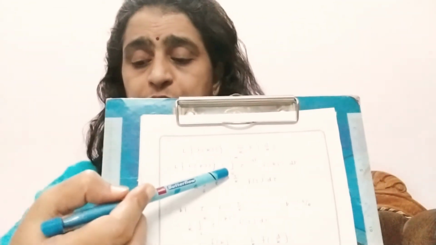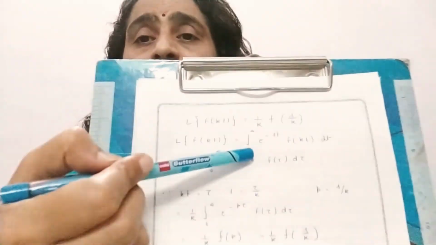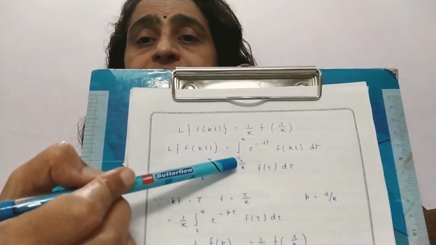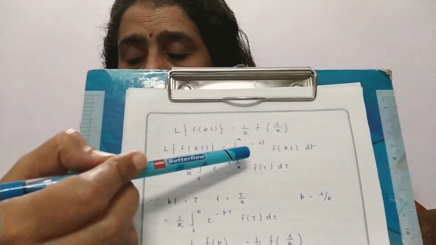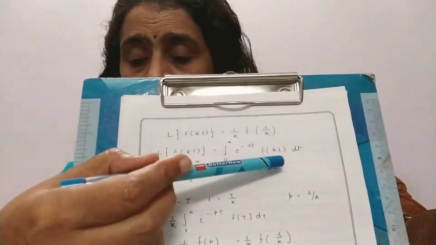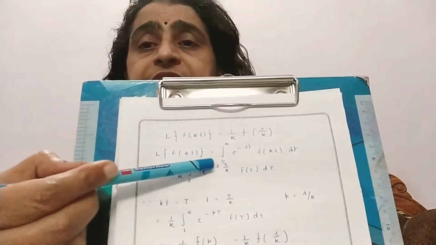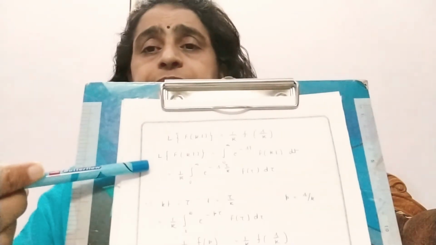This will be equal to, from the definition of the Laplace transform, the integration from 0 to infinity of exponential of minus st, f of kt, into dt. The simple Laplace transform definition is being used here.